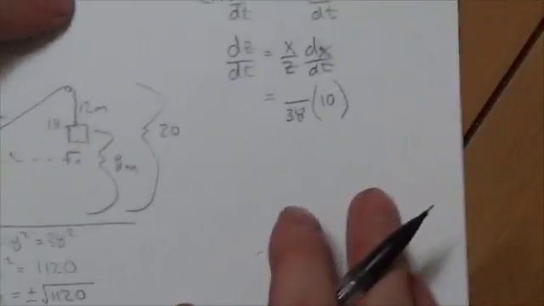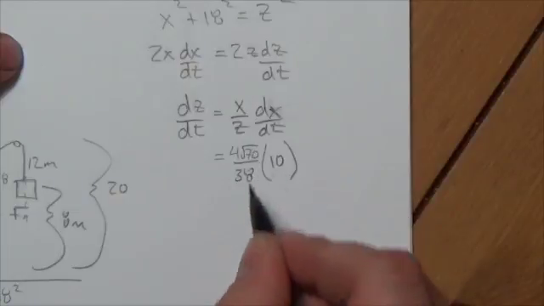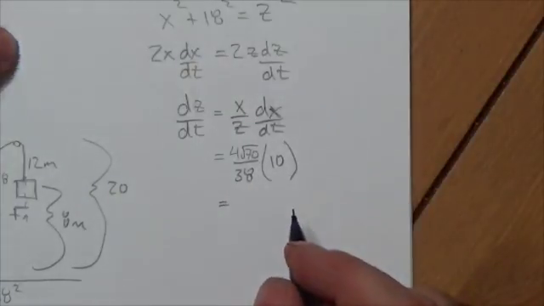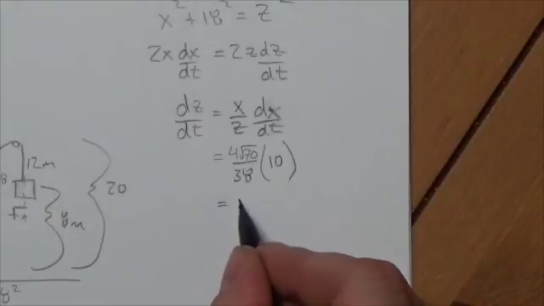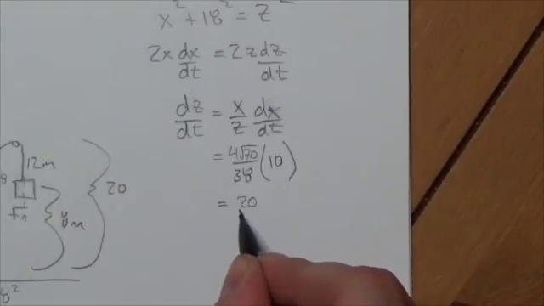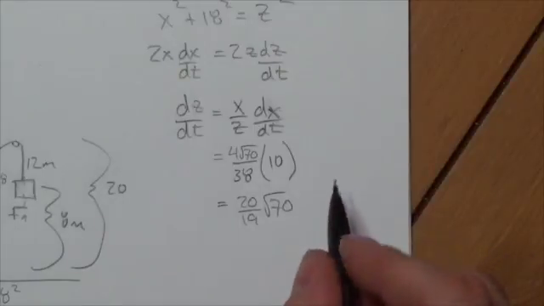So now come over to our expression here, 4 root 70. So that means dz by dt, now let's simplify this here. That's going to be 40 divided by 38, let the calculator handle that. This is going to become 20 over 19 root 70. What is this?